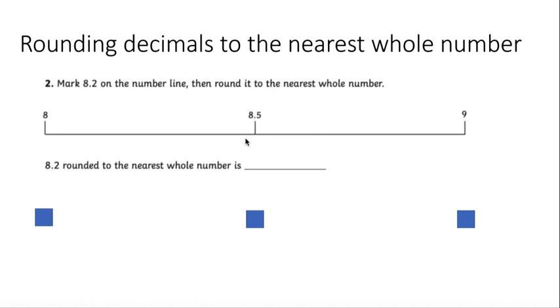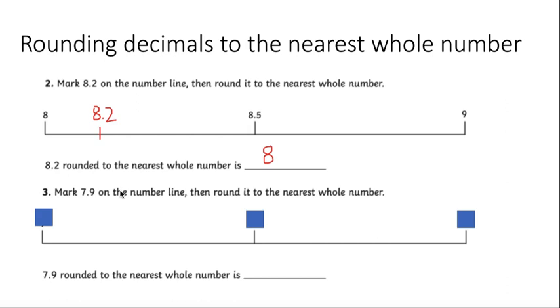If we mark 8.2, we can imagine 8, 8.1, 8.2, 8.3, 8.4, 8.5. And I can see that 8.2 is smaller than 8.5, so we're going to round it down to 8. And we could actually just look at the tenths. There are only 2 tenths in it, so we know it's going to be closer to 8.